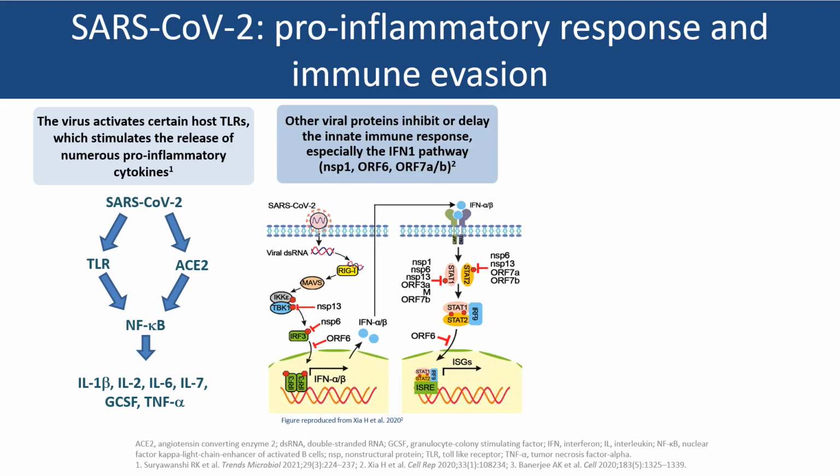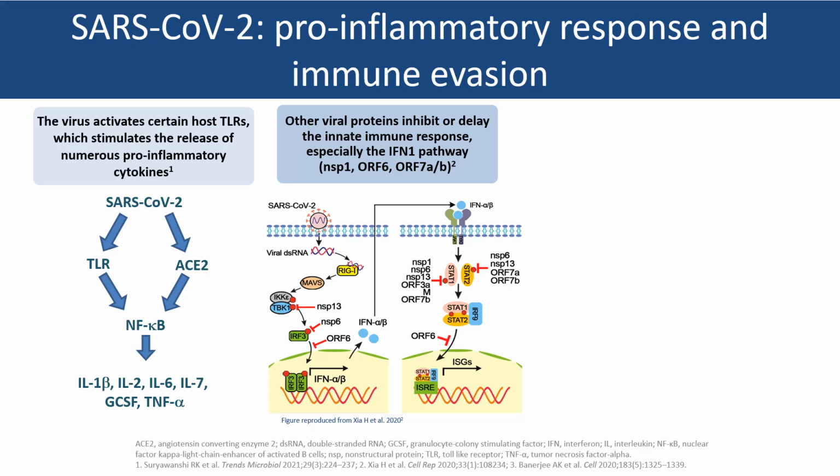However, the virus also makes several proteins that block the innate immune response, especially the interferon 1 pathway. In fact, there seems to be a non-structural protein or an open reading frame protein that blocks almost every step of the interferon 1 pathway, from triggering its transcription and translation and then its receptor signaling. This is critical as the interferon 1 pathway plays a critical role in the defense against viral infections.